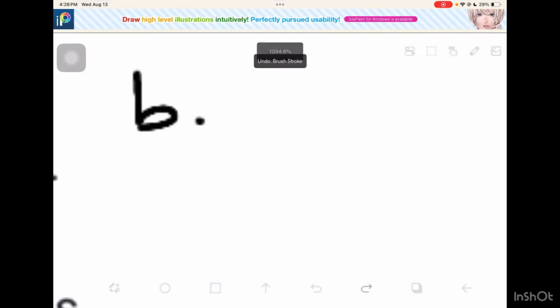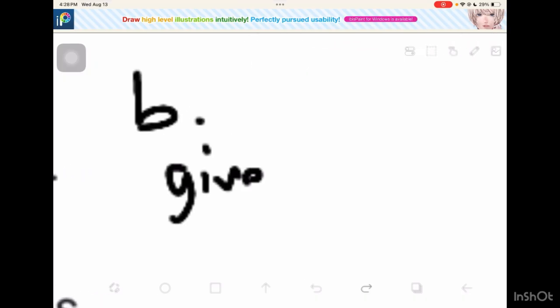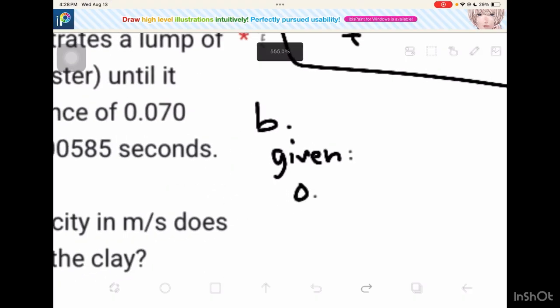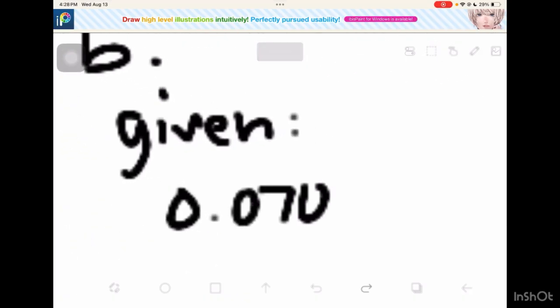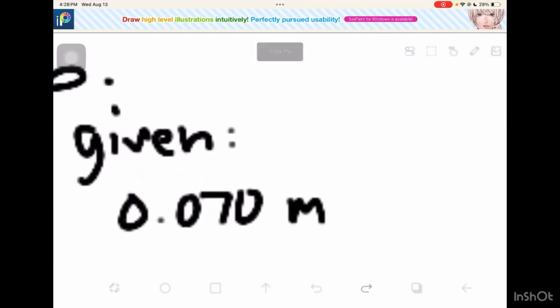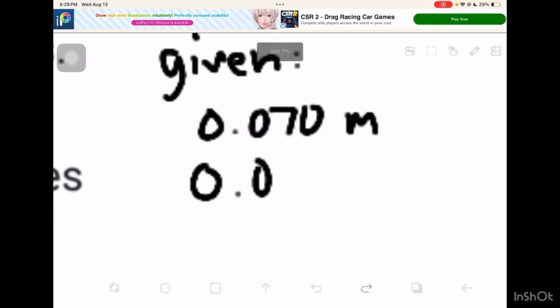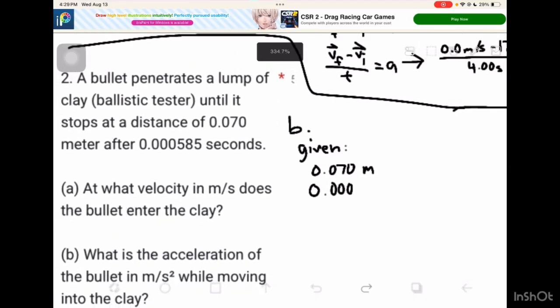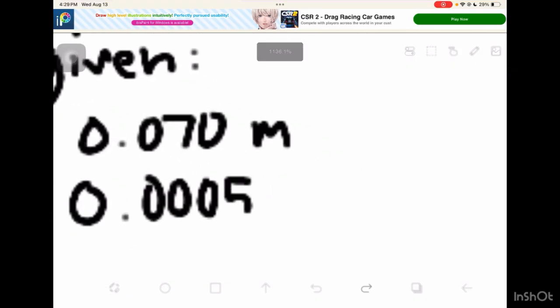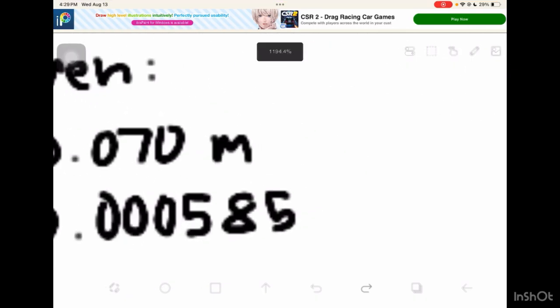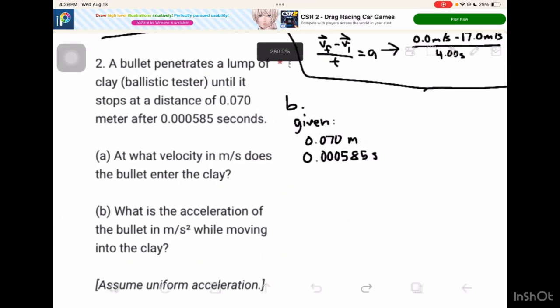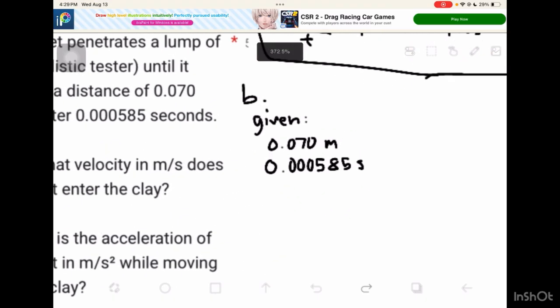Given: 0.070 meters and 0.000585 seconds. So we need to divide this.